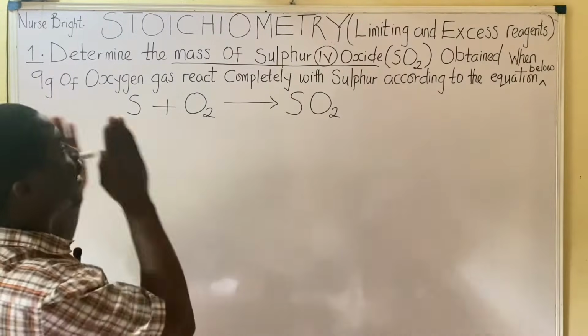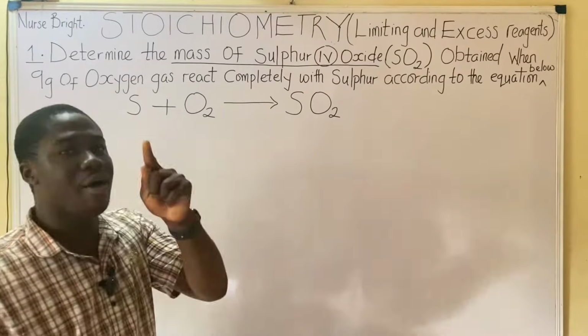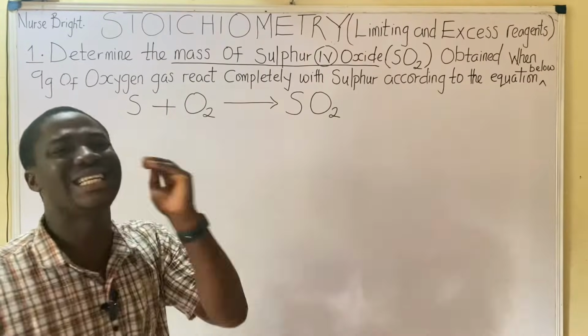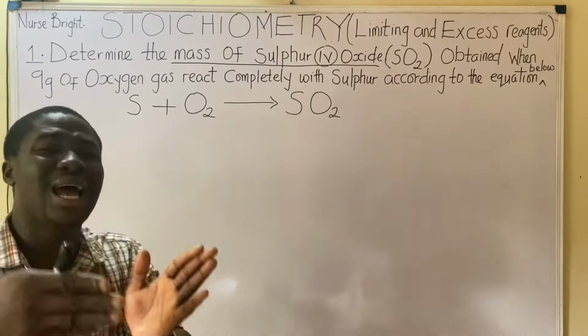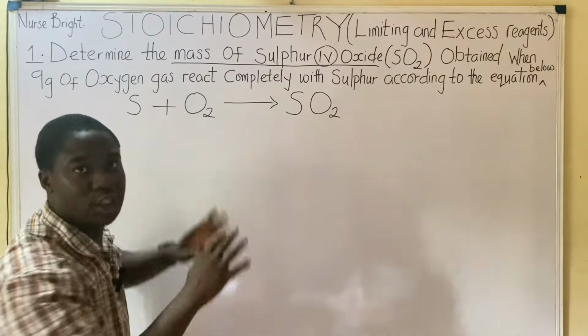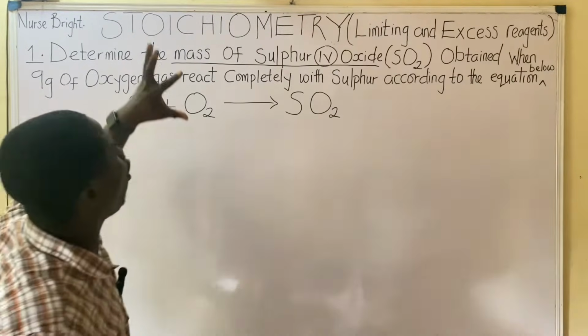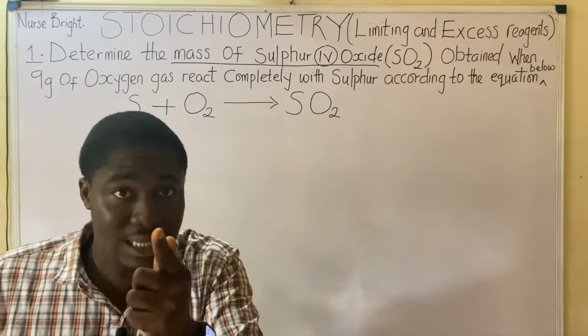Since this aspect of chemistry is stoichiometry, you already know that you'll be needing a reaction. In some other exam conditions, they might not give us the equation of the reaction, but by understanding the question, you can write out the equation. It is easy.